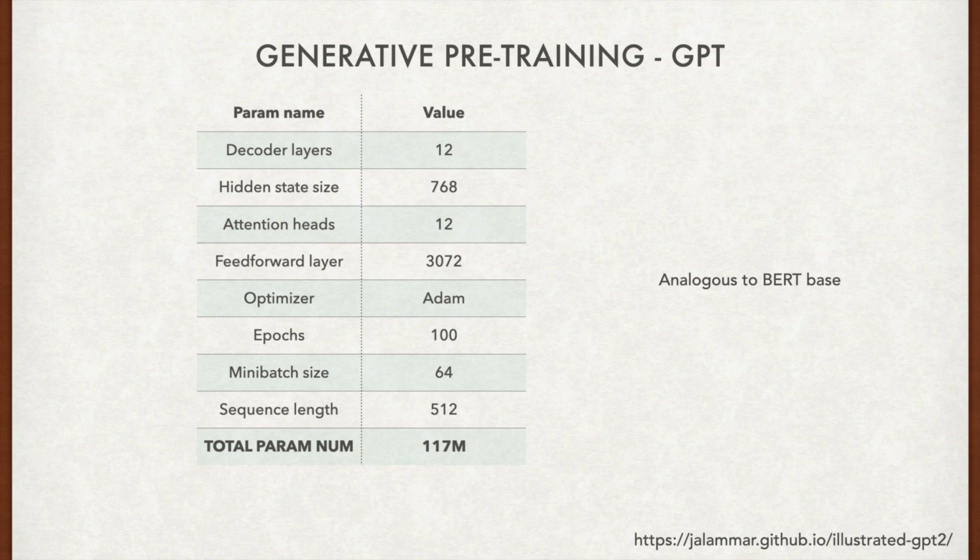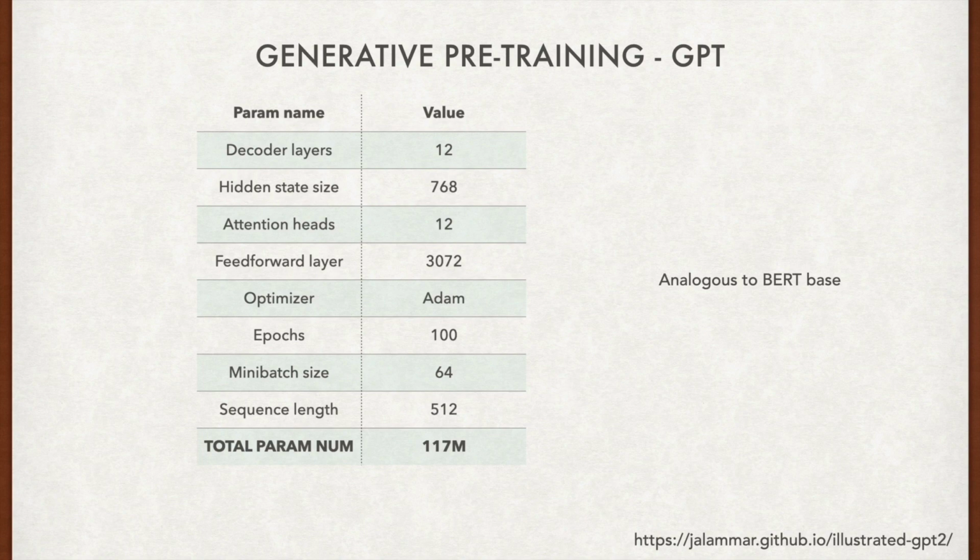Similarly, we have 12 attention heads, with the original transformer base utilizing 8 of them, and the big one utilizing 16 of them. The size of the feed-forward network is set to 3072, which is also between transformer base and big. Transformer base used 2048 and transformer big 4096.